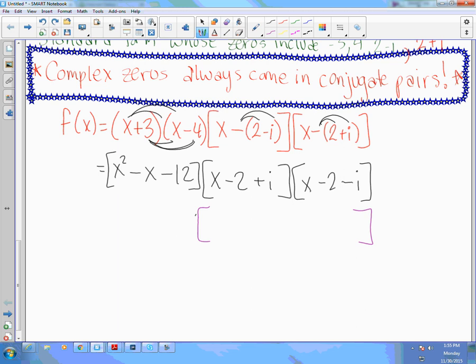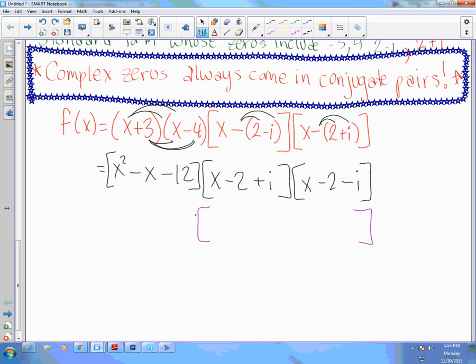Okay, after you have simplified the two trinomials with i's, raise your hand, I'll come check to make sure you do it right. In terms of x times x, that x needs to go in 3 times. The negative 2 needs to go in 3 times.